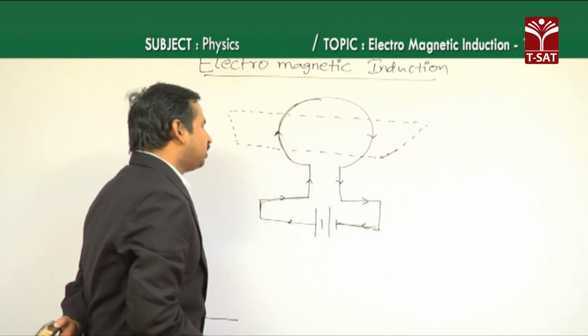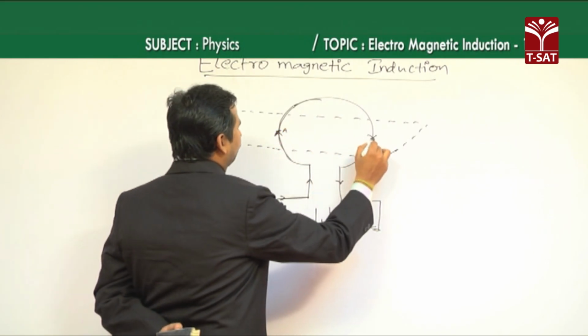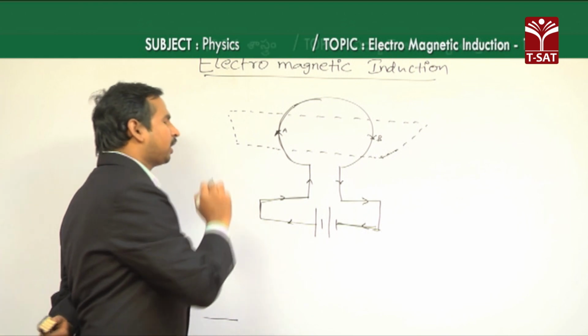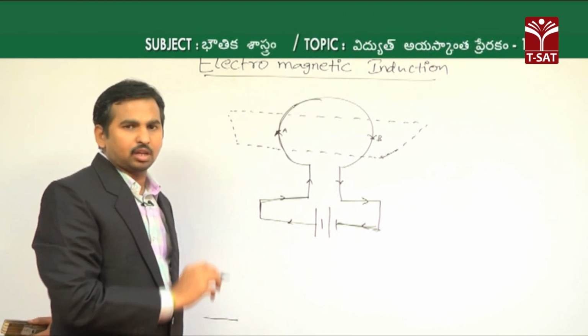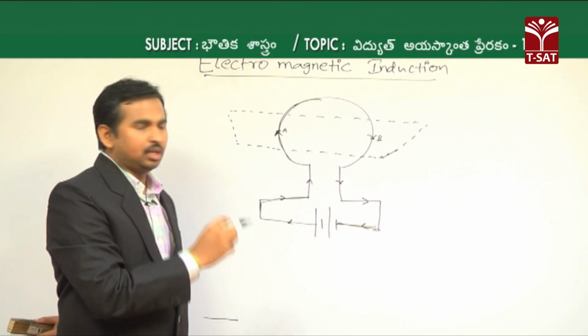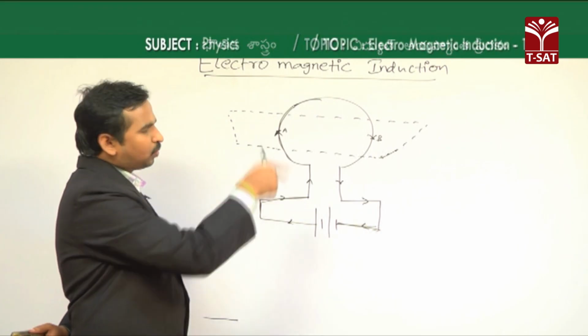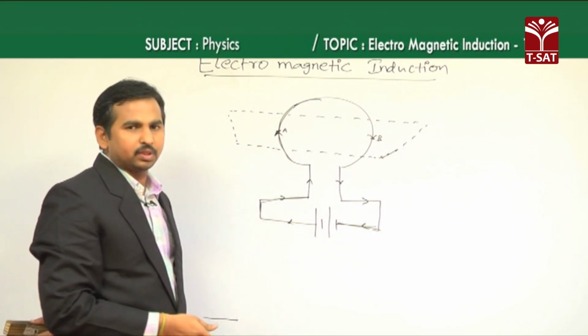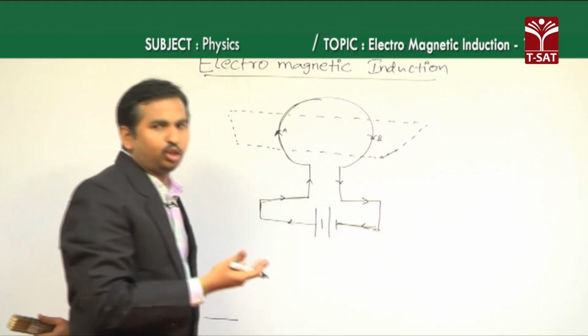Okay. So, at these 2 points, let them be point A and point B. What we observe is, at point A, the current is coming upwards, out of the plane. Whereas in the same coil at point B, on the other side, the current is coming downwards, into the plane.